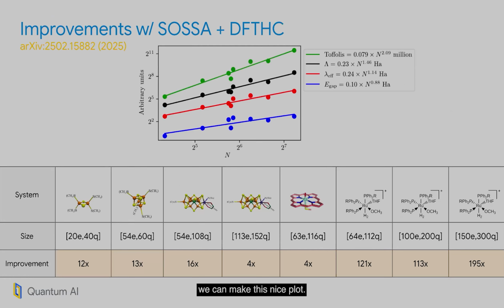So at the end of the day, we can make this nice plot. If you were to combine DF-THC with sum of squares spectrum amplification, how does the problem scale for various utility scale problems? Roughly speaking, the Toffoli count is n squared, lambda, gap, and lambda effective, and all scale in ways that, if you were to plot here, seem to make a good fit.